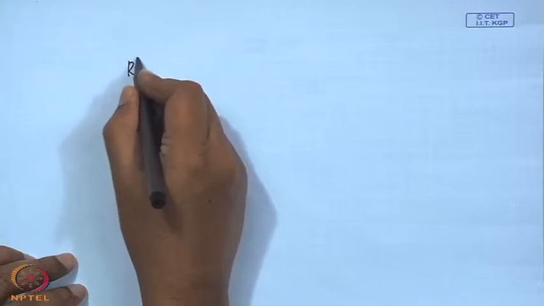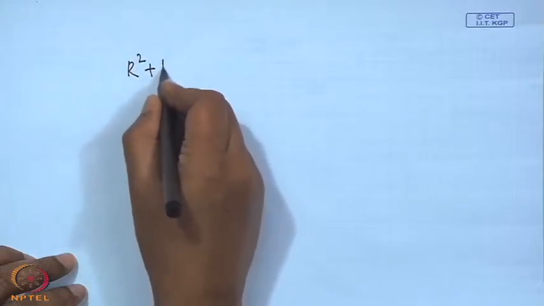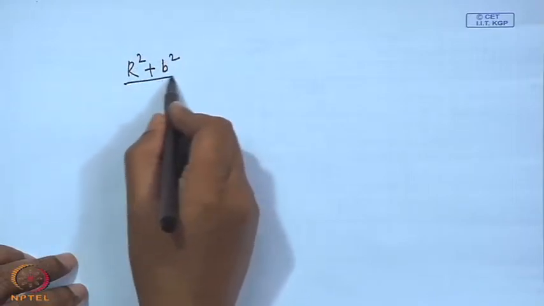What is the fineness ratio? Fineness ratio is 4, but the fineness ratio is also given by C by T, but in terms of that radius r and B, r square plus B square by r square minus B square.